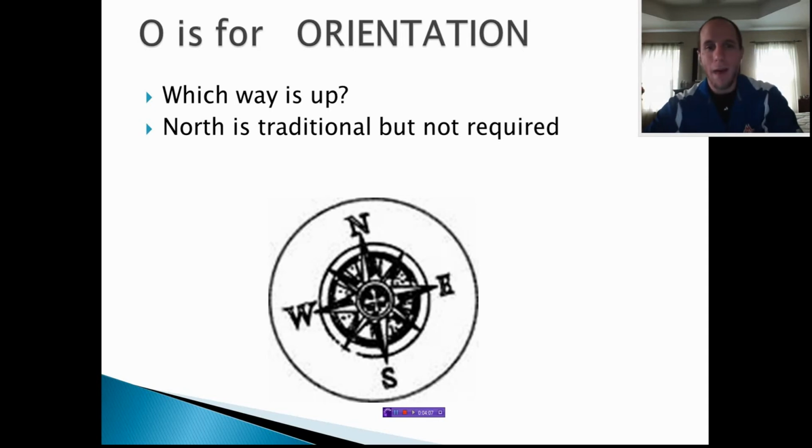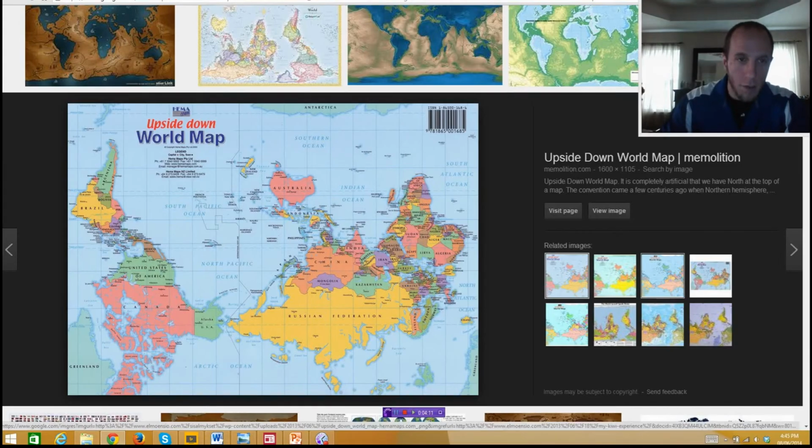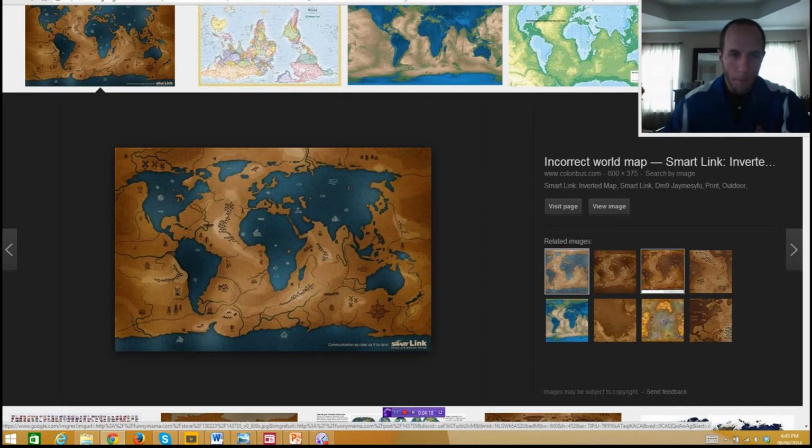There are some maps that might even show the world as completely inverted, as you see here with the upside down world map. Who says north has to be up? Or perhaps this map that shows the land areas as blue and the oceans as a landish brownish color.